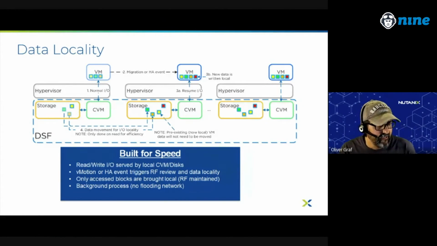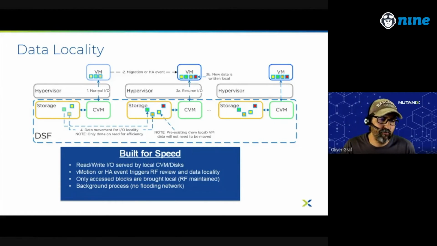DSF will detect the I/Os that are occurring from a different node and will migrate the data locally in the background, allowing all read I/Os to now be served locally. The data will only be migrated on a read so as to not flood the network.